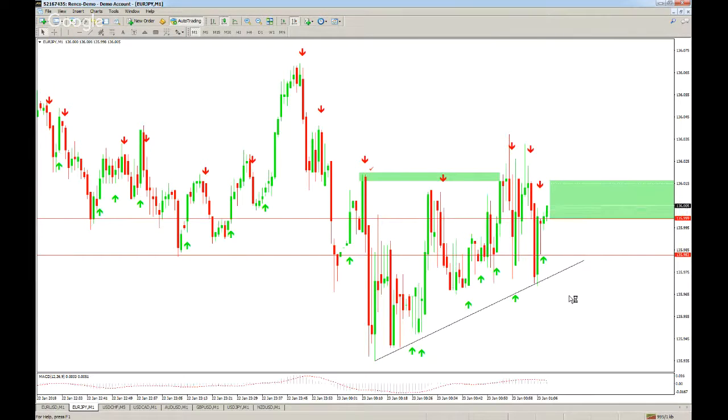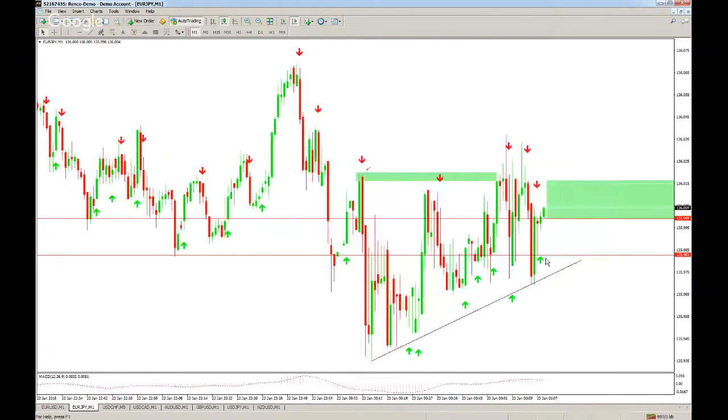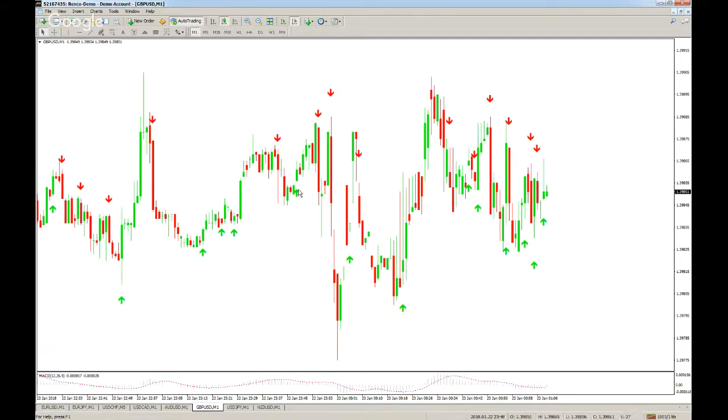And largely, most of the time when we're having this form of consolidation, where we're seeing price action moving higher, we are pretty much creating higher lows. At times, price action is at a breakout. But for now, we are going to wait.